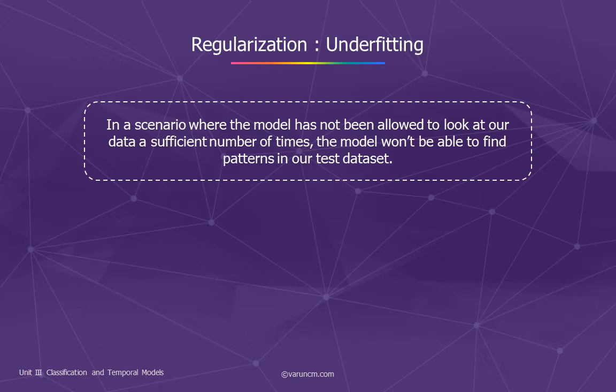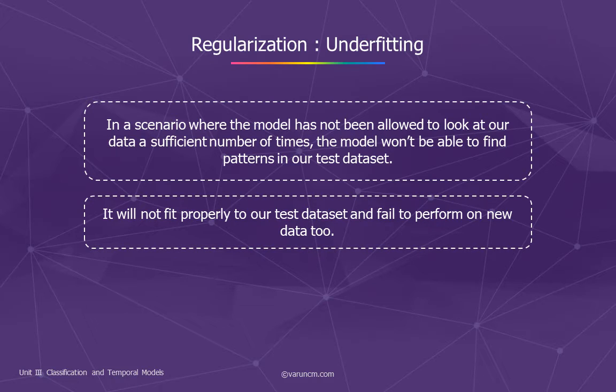Here it is not allowed to look at the data a sufficient number of times. So it won't be able to find the patterns that are available in the data set. It will not fit properly to the data set and fails to perform on new data too. So it is not able to perform well with fitting the new data.